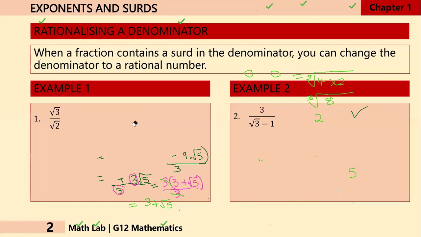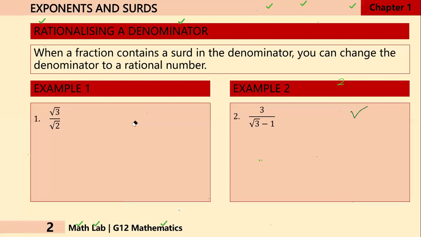I want you to try this. Or before we try this, let me just do this. I just want to clarify something again. Just give me 1 minute and then you'll join in again so that we can do these examples.